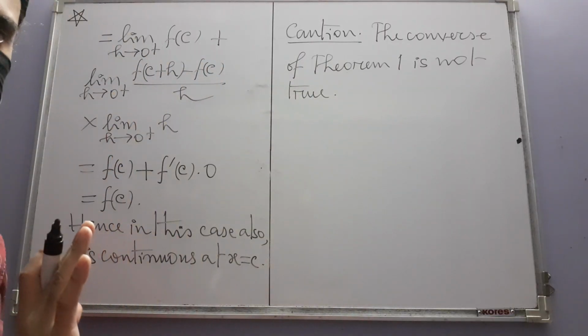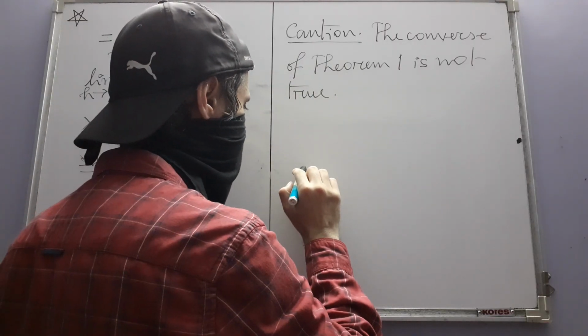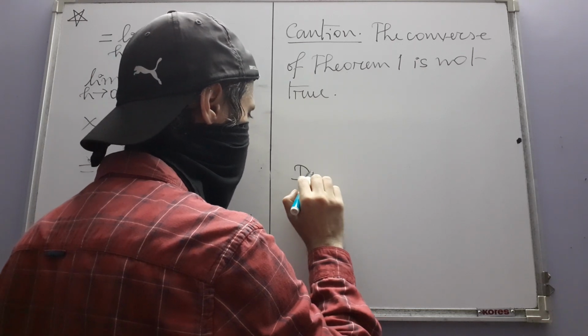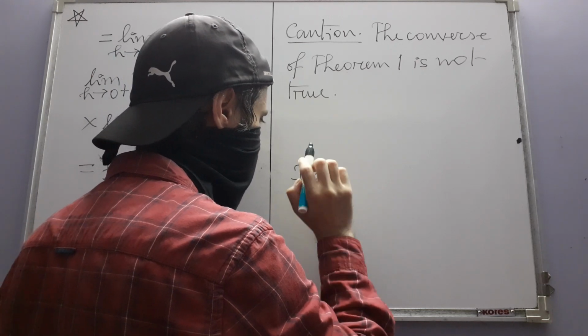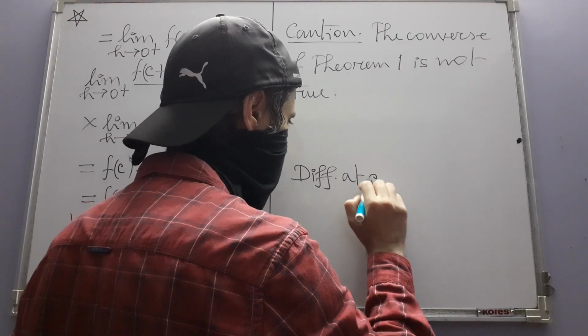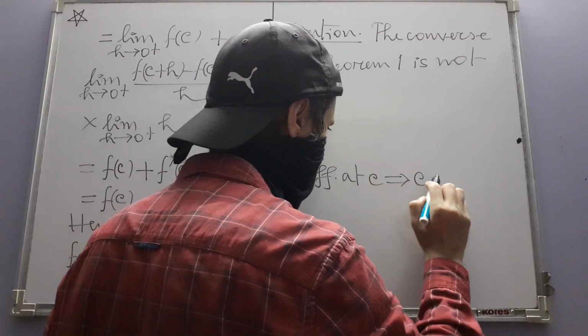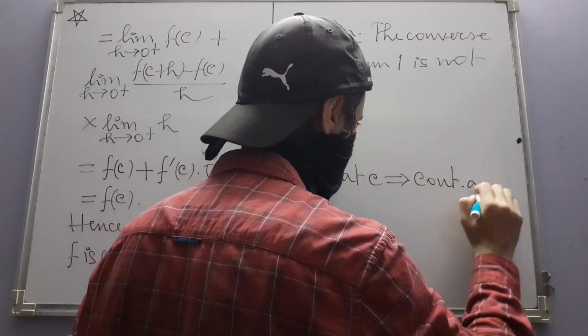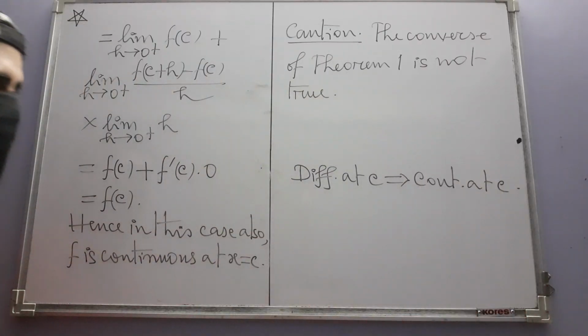What does theorem 1 say? Theorem 1 says basically just this. If a function is differentiable at c, then it's also continuous at c.